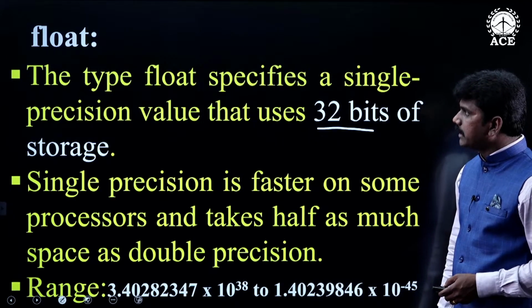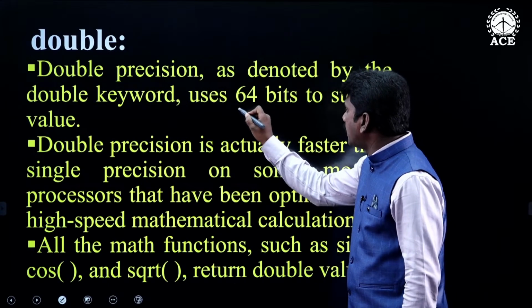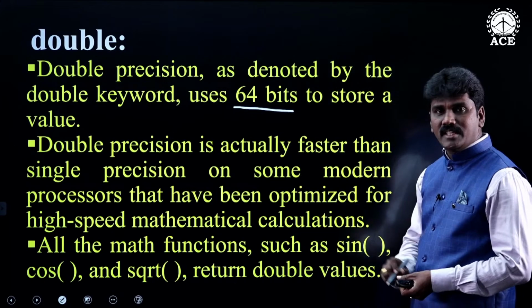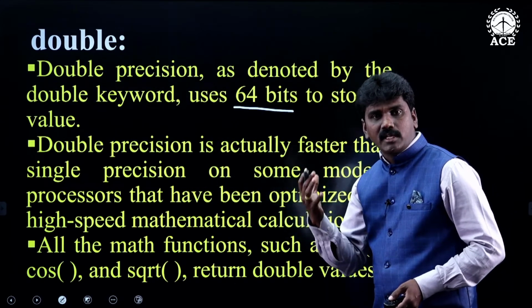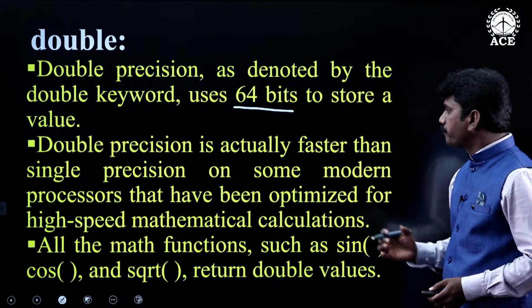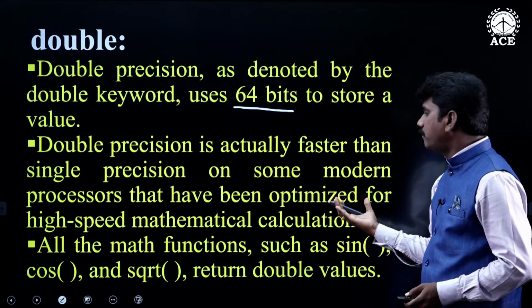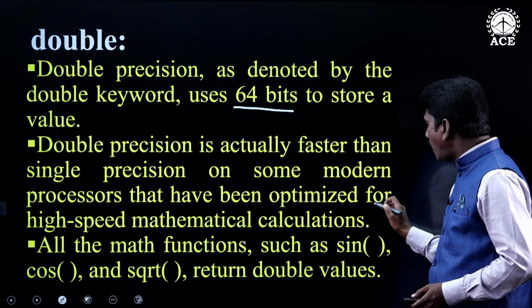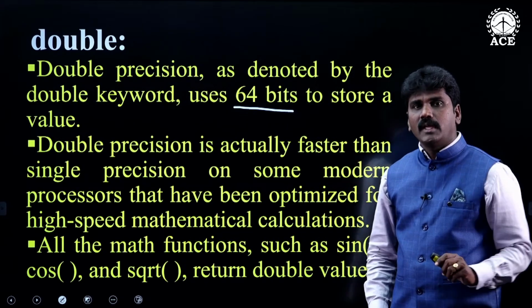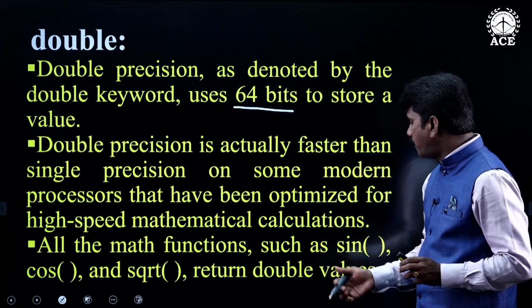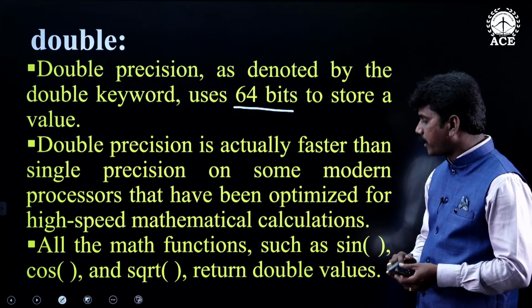If we consider the next one, double, the size of the double data type is 64 bits. Just now we have discussed clearly what double precision is and what single precision is. Double precision is actually faster than single precision on some modern processors that have been optimized for high speed mathematical calculations, like trigonometry operations such as sine, cos, and square root.